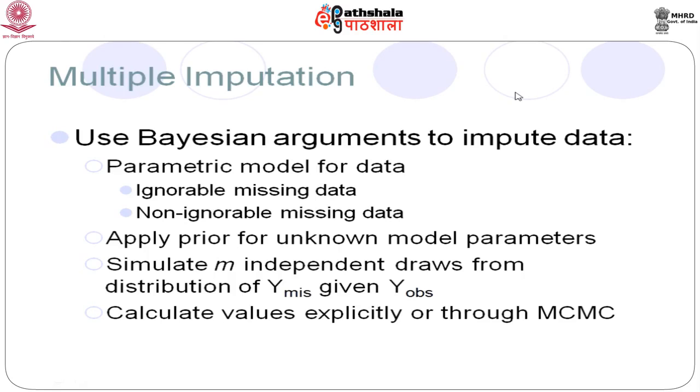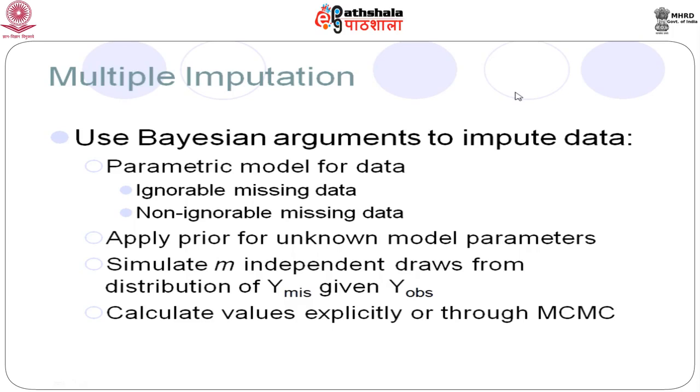Now, it is basically on the basis of the idea of Bayesian arguments. So, what we do is consider a parametric model for the data, and it may include ignorable missing data or non-ignorable missing data in the model. Then we look for the prior for the parameters appearing in the model. As I said, this is based on Bayesian arguments.